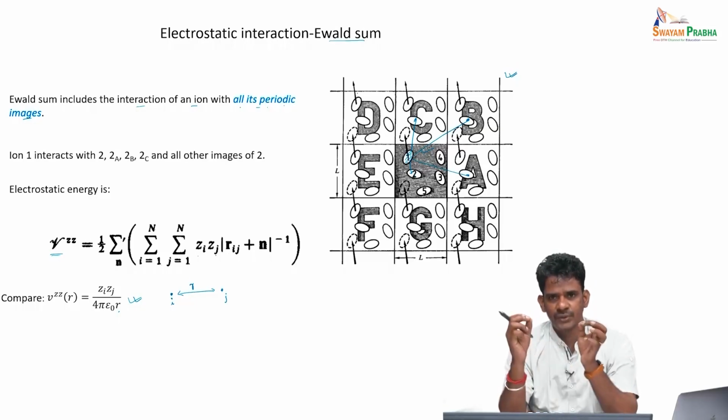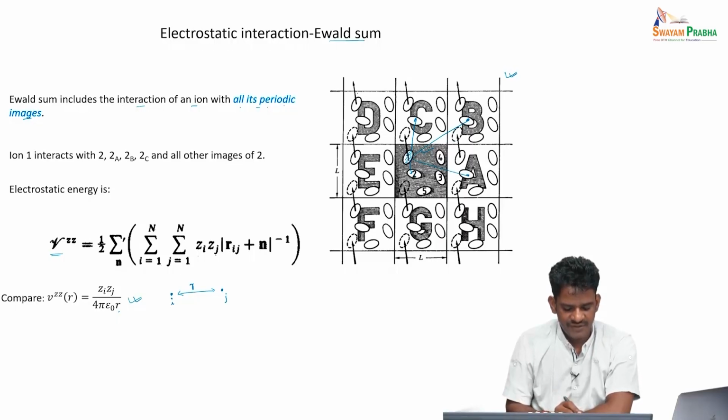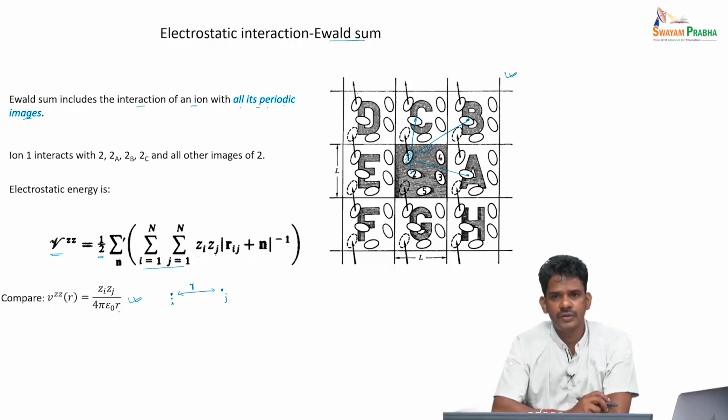So now what we are trying to do is a pairwise summation over all the atoms in the central box and all their images in the neighboring periodic boxes as well. When you take this pairwise interaction and sum over all the particles i and j, you get this double sum. This factor 1 by 2 is included so that we don't double count the interactions.